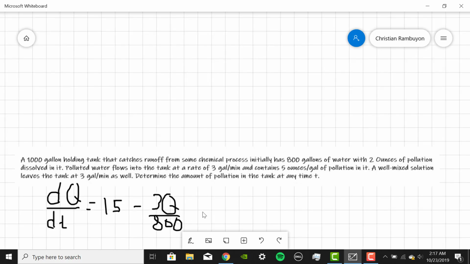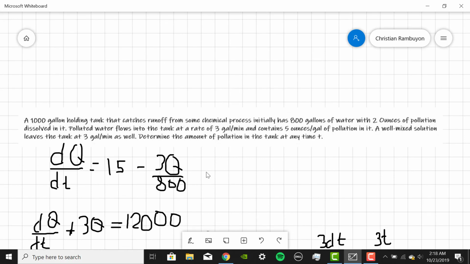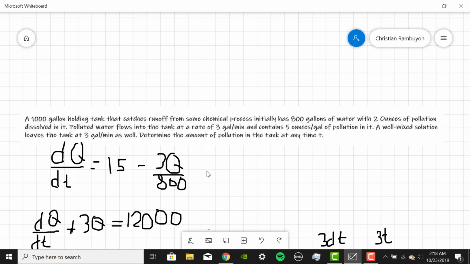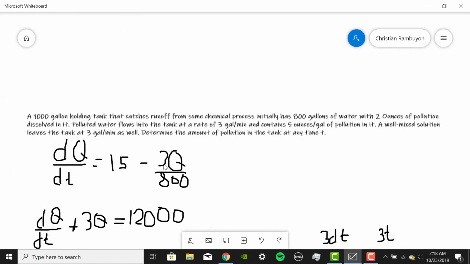Now we can move the negative 3q to the left side, which makes it positive 3q, and multiply 15 times 800, which makes it 12,000. Now this becomes our IVP, or initial value problem.